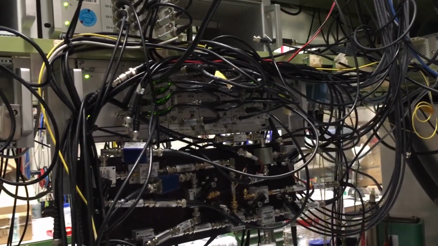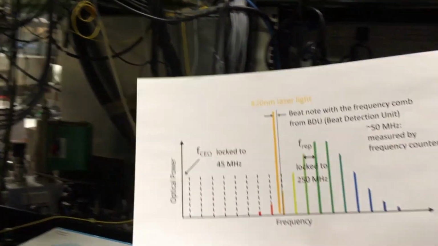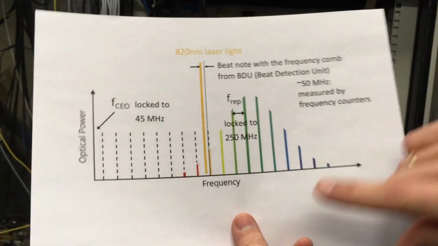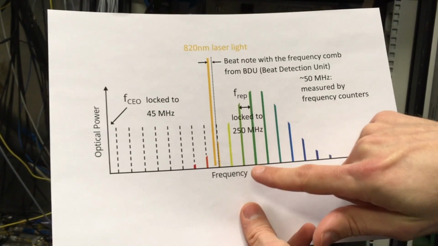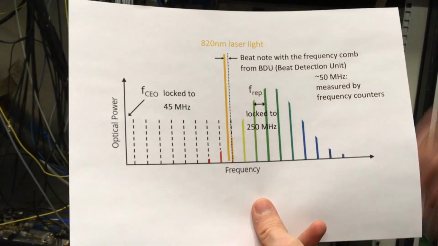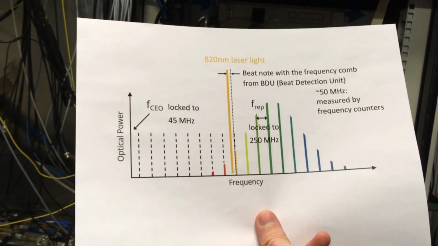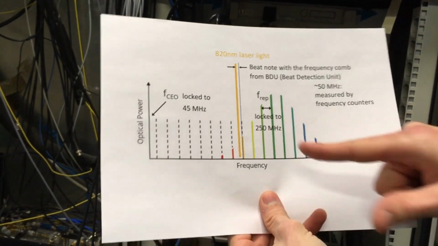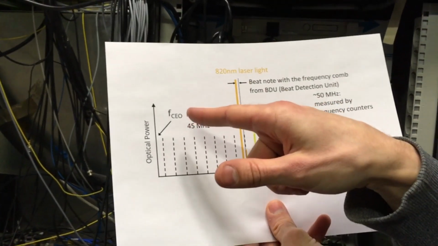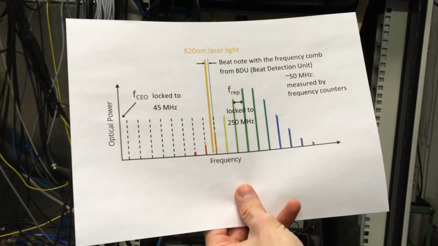And then we have our lasers, for example, the 820 nanometer laser light. And if we have a beat note between the comb and our 820 nanometer laser, we can precisely know the frequency of our master laser, since we can lock the carrier envelope offset and the repetition rate.